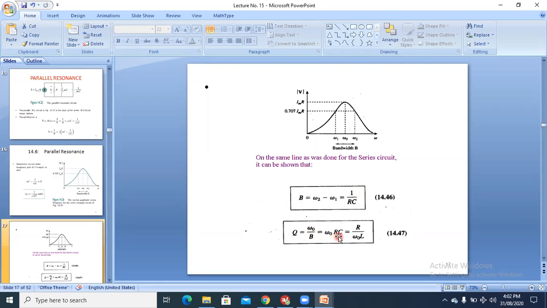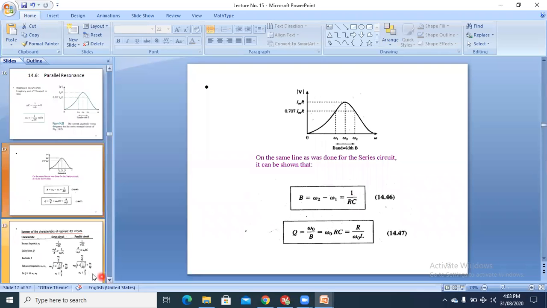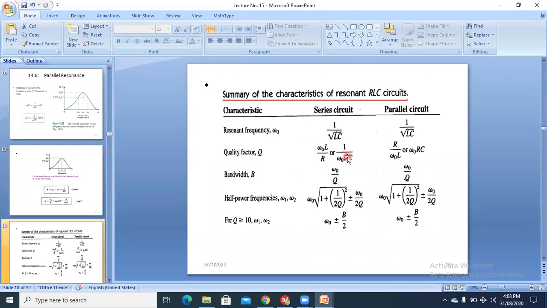So that is omega naught RC, or it is equal to R by omega naught L. The quality factor in the previous case, in the series circuit, was omega naught L by R, and here it is R by omega naught L, which is 1 by omega naught RC.